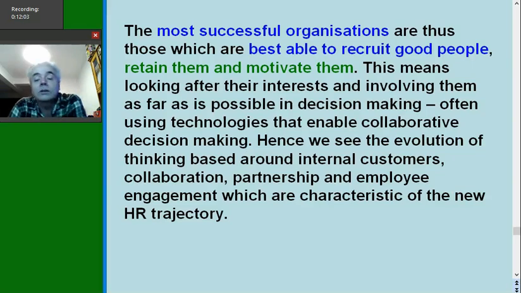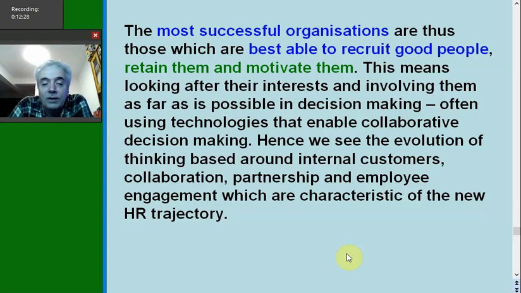Okay, the most successful organizations are thus those which are best able to recruit good people, retain them, and motivate them. This means looking after their interests and involving them as far as possible in decision making. So when you participate in decision making, you're more likely to support the company, right?